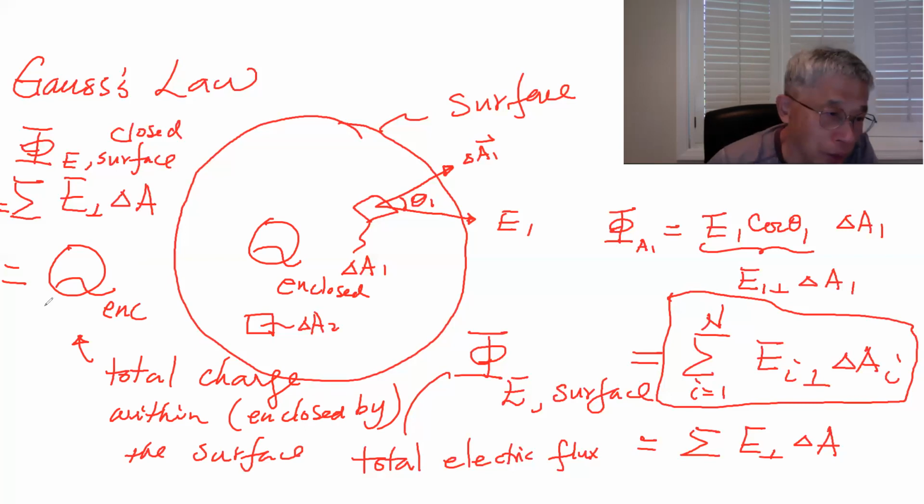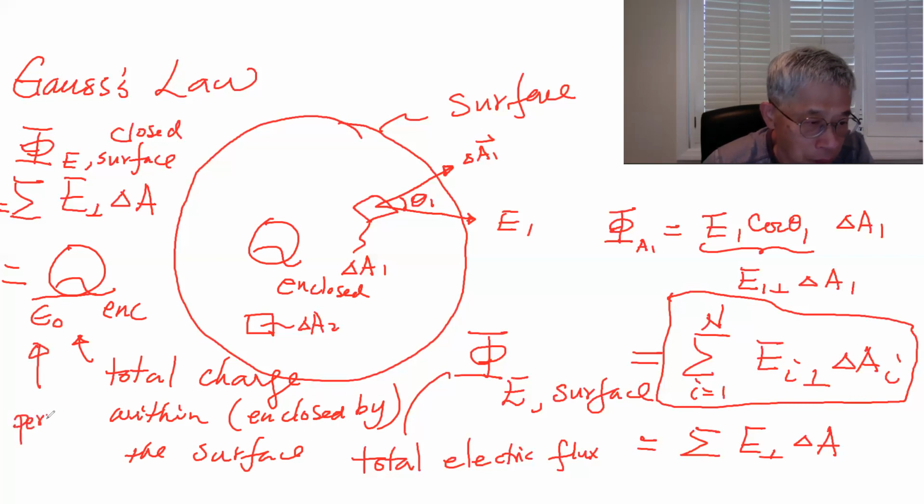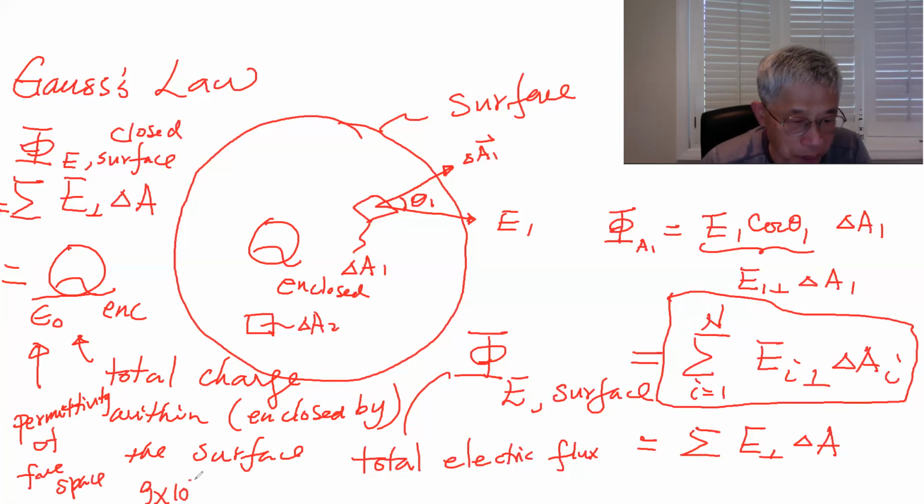Not just that, you have to divide by epsilon 0, which is the permittivity of free space, equal to about 9 times 10 to the negative 12.